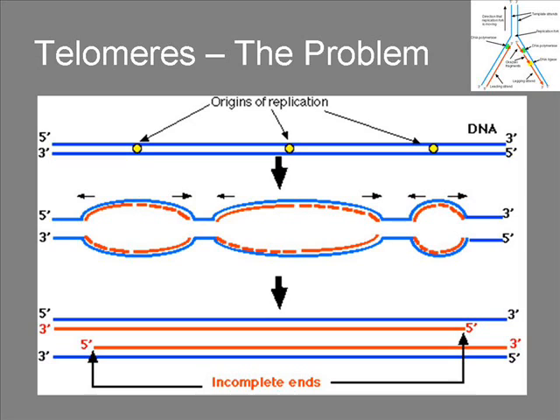Then, as the replication fork nears the end of the DNA, there is no longer enough template to continue forming Okazaki fragments. There is no place for another RNA primer, and DNA polymerase cannot add new nucleotides to the 5' end of the new strand.